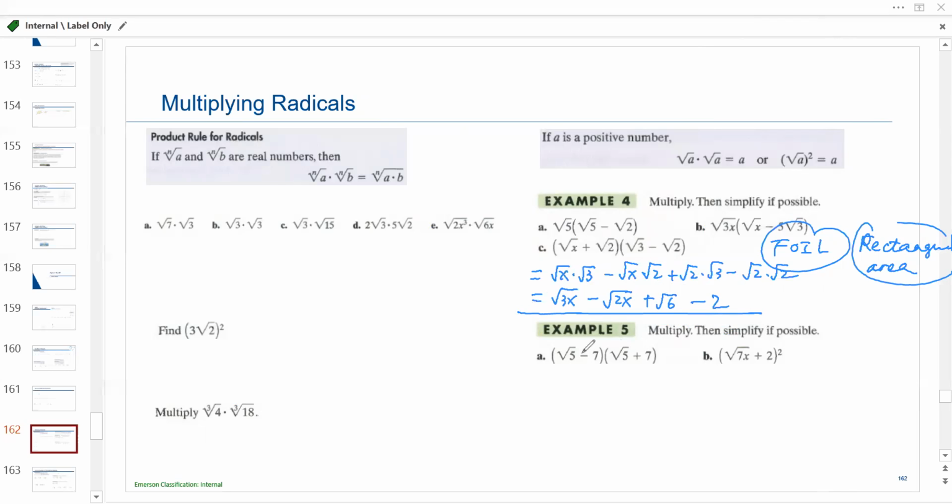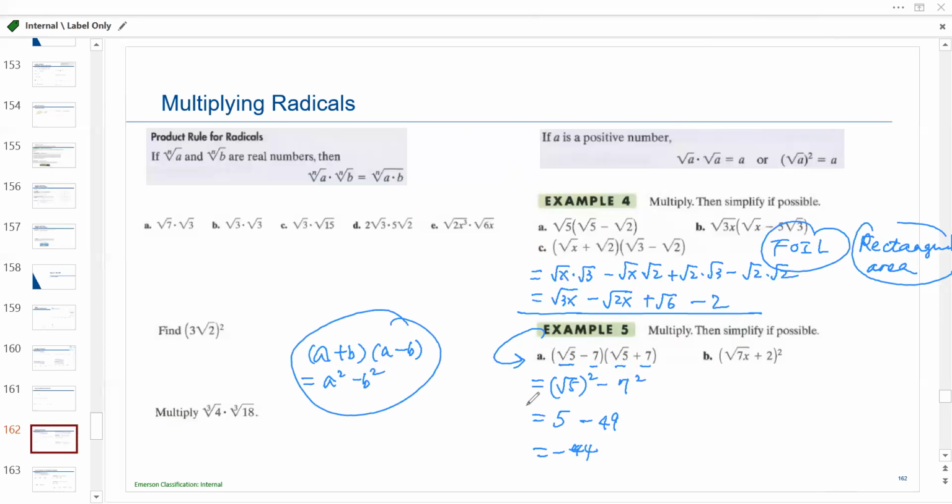In this situation, you can see this A minus B, A plus B. You guys are familiar with this one, right? So here it actually became square root 5 squared minus 7 squared. So here became 5, here became 49, here became negative 44. Interesting, huh?